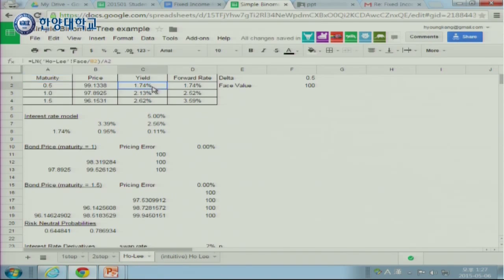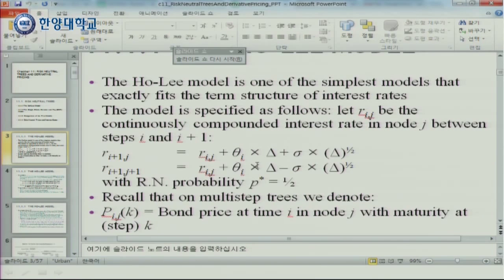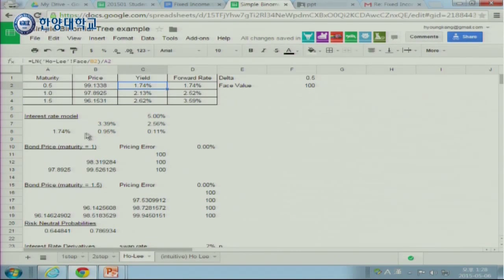So data is given, okay. For the interest model, now it moves from here to here and from here to here. So basically we need two thetas, right? We need theta 1 and theta 2.